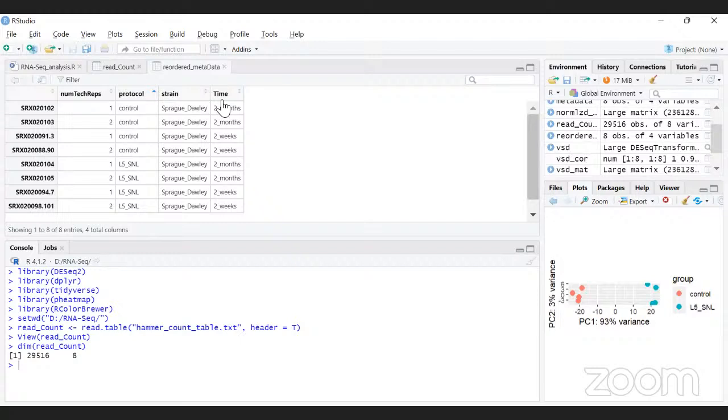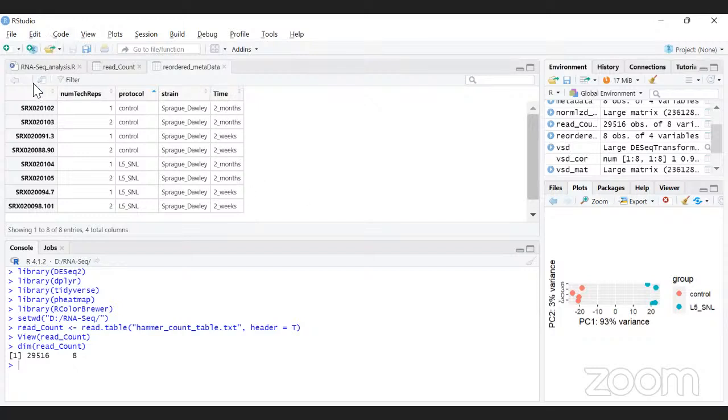What they have also done is they have taken the RNA-seq samples at different time points as well, like 2 months and 2 weeks. So they have taken 2 time points, and let's see how the grouping is done.